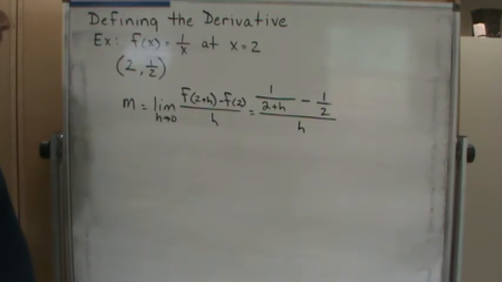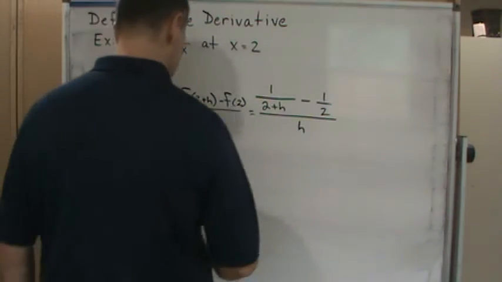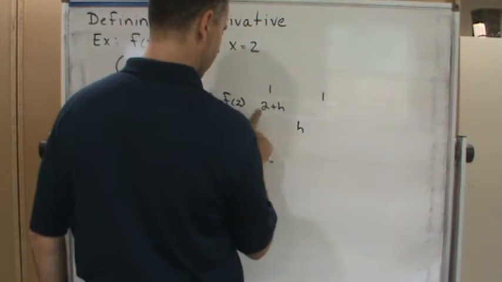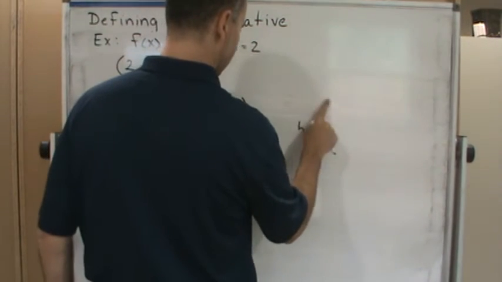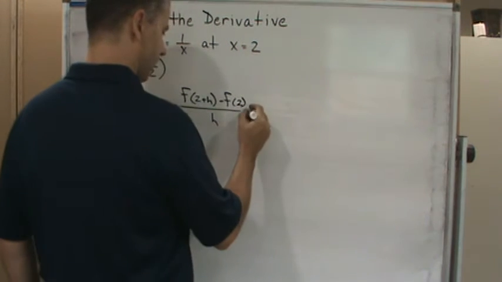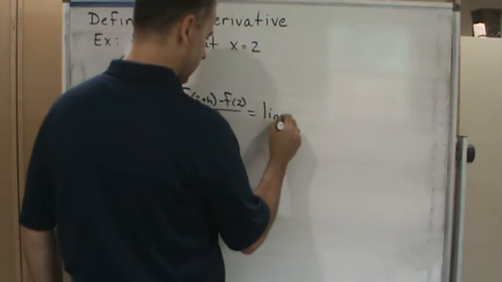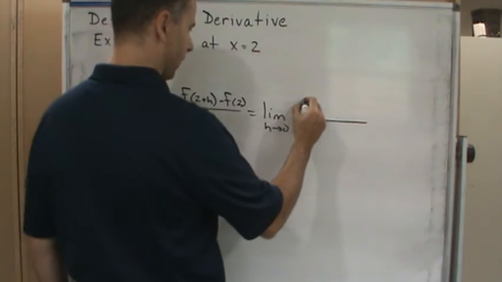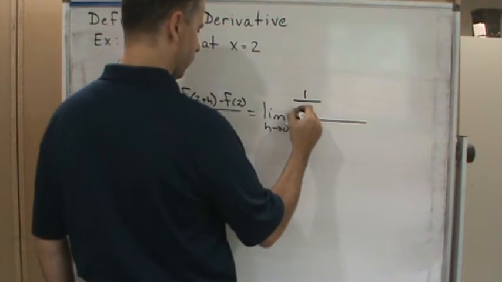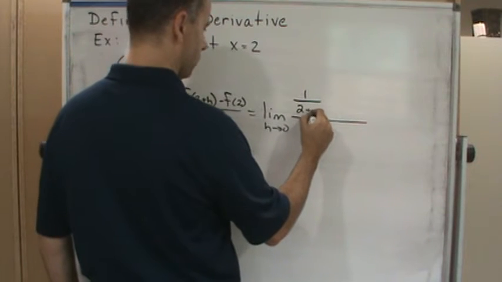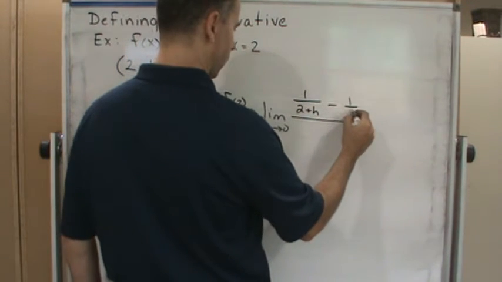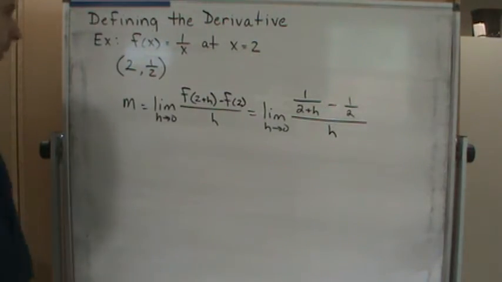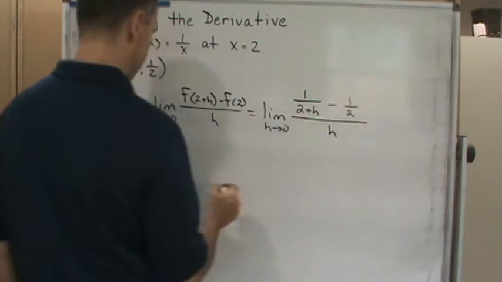Oops, I dropped my limit. Don't do that. I do that sometimes. So the limit as h approaches 0 of the difference quotient, which is 1 over 2 plus h minus 1 over 2, over h. There we go.